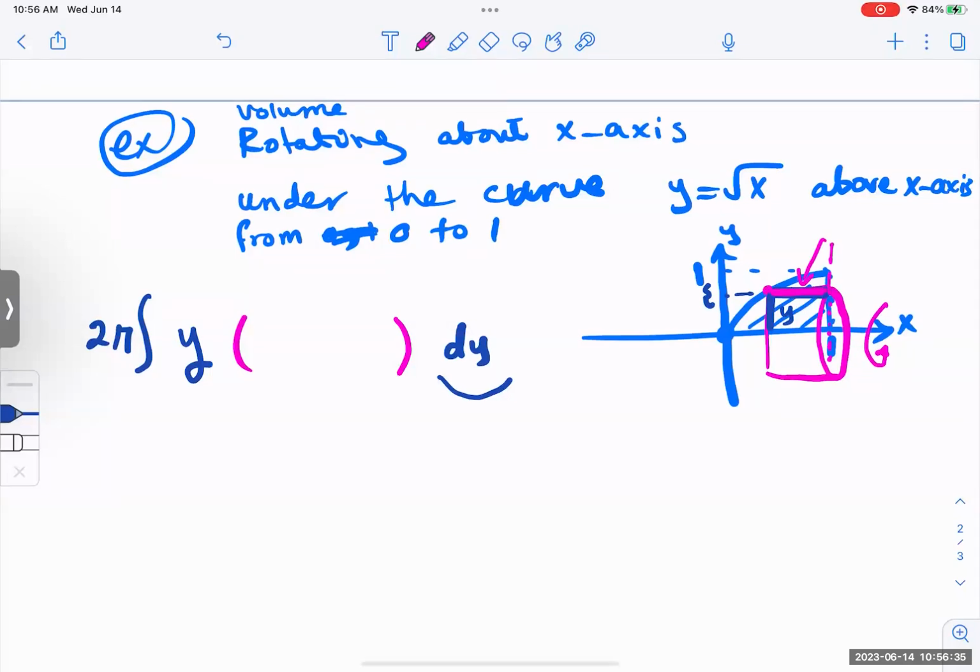It comes from the difference of right minus left, 1 minus x, but I need to replace x in terms of y because I don't have x in parentheses. If I isolate x from here, x is equal to y squared. So in reality, that's 1 minus y squared. And it goes along the y-axis, so 0 to 1.